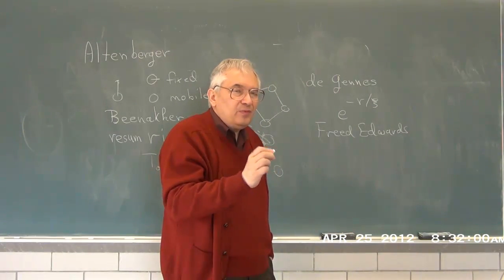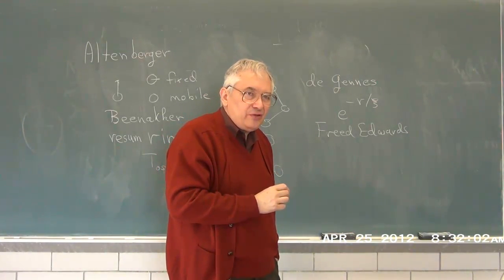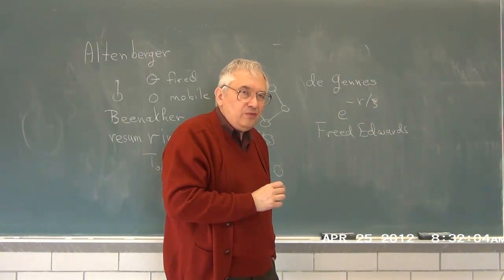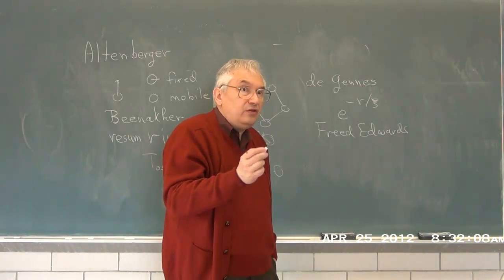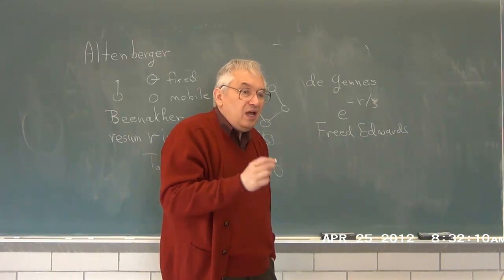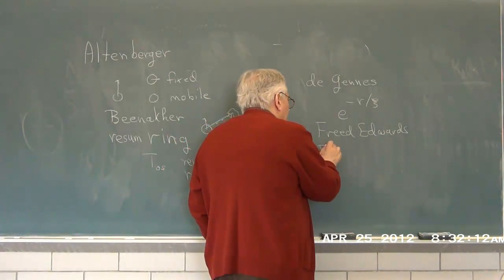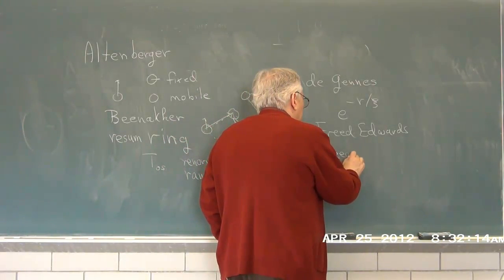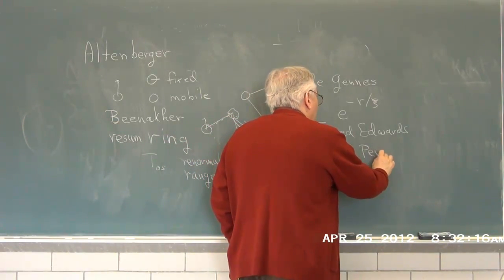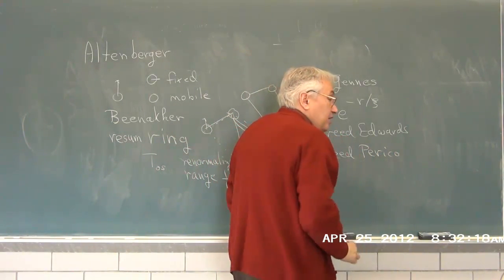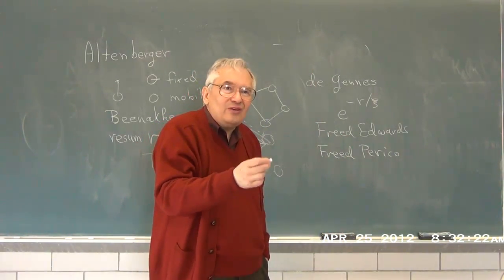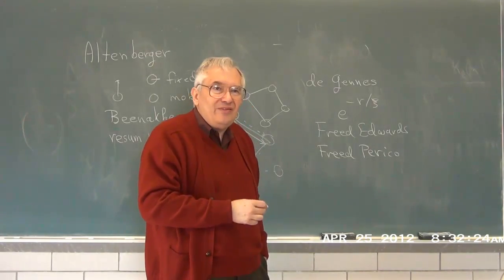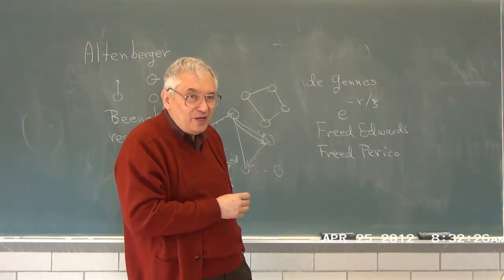Well, having said it purports to derive hydrodynamic screening, if you hunt through the literature, you discover this is a very hard calculation. You have to do a lot of approximations. At a later date, Freed and Perico did a better calculation. And that is the normal process of doing theory. You do things better and better, and if you're lucky, you eventually get closer and closer to the right answer.